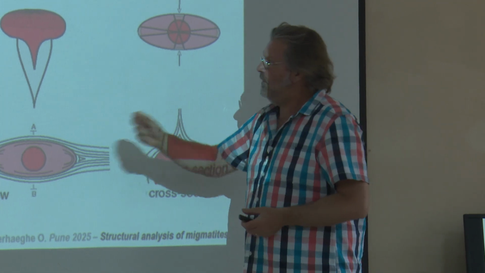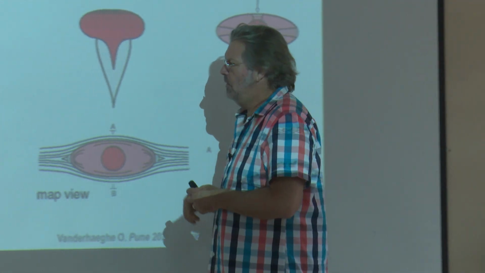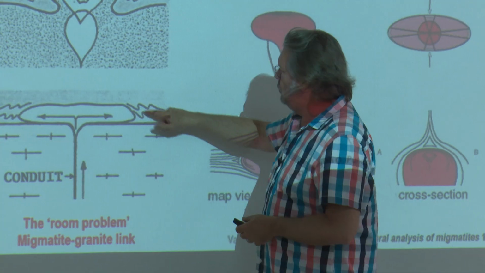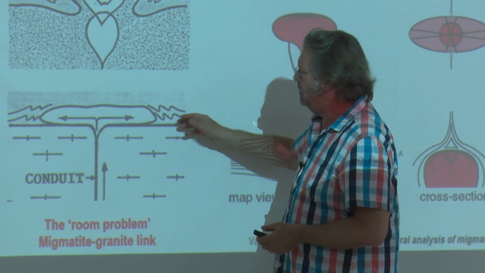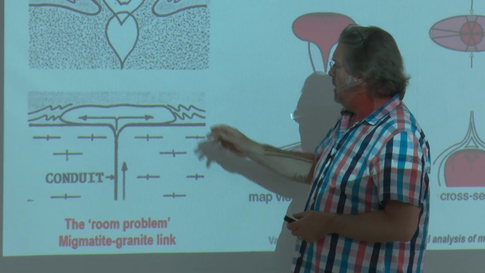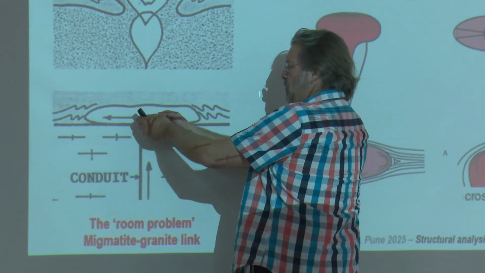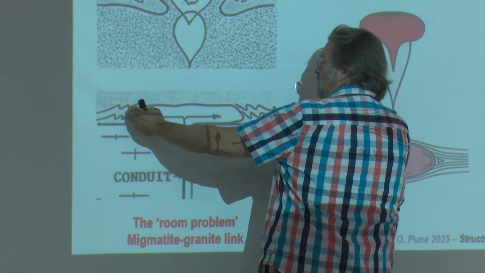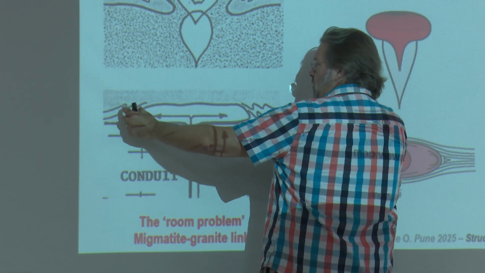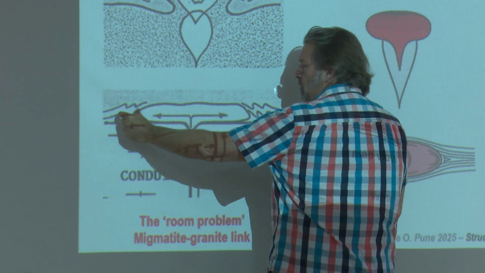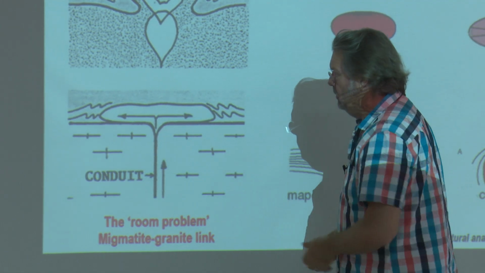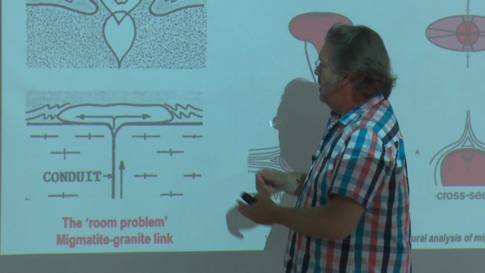And then in order to assess these models, you need also to look at the deformation of the host rock at the place of magma emplacement, and see if the space taken by the magma is consistent with the space that is recorded by shortening in the sediments or in the host rocks. And also the timing.